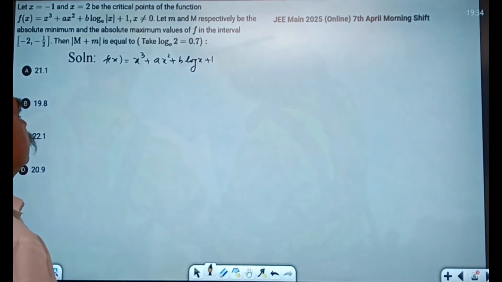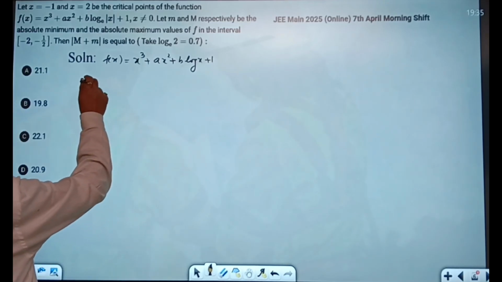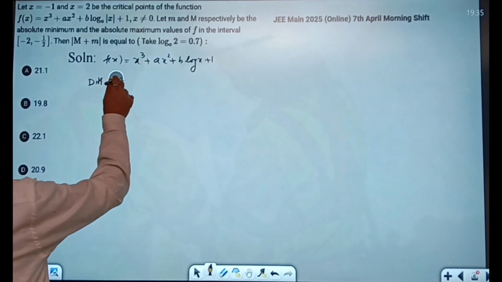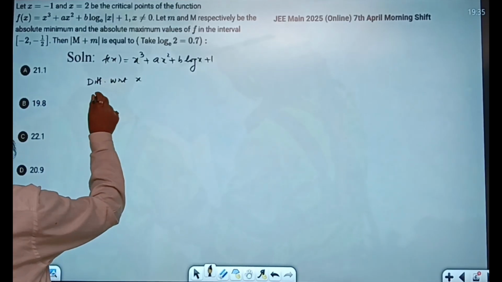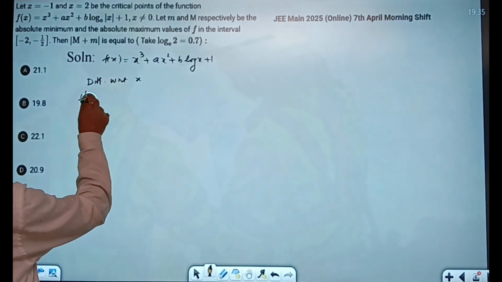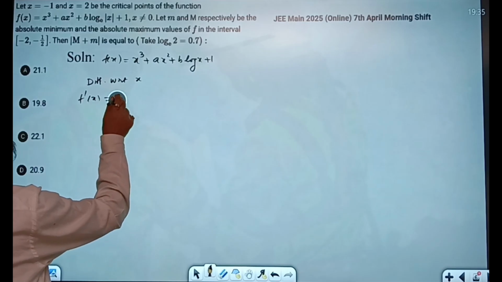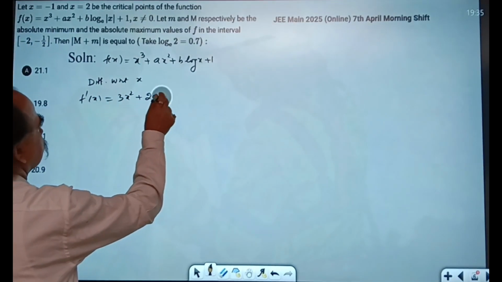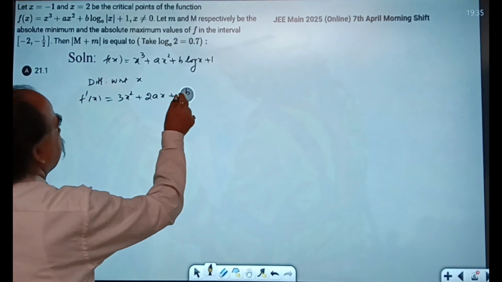Critical points of the function f(x) is equal to this. So differentiating with respect to x, f dash x is what? 3x square plus 2ax plus b upon x.